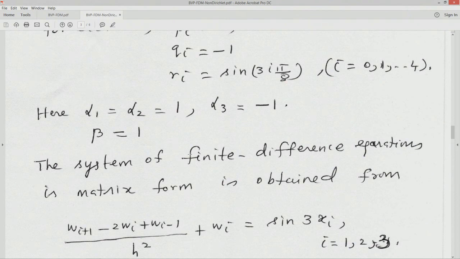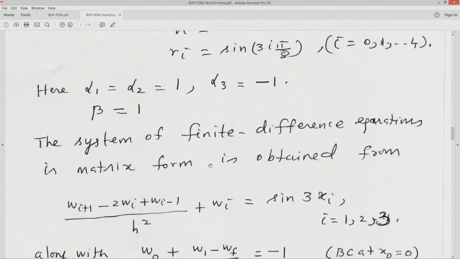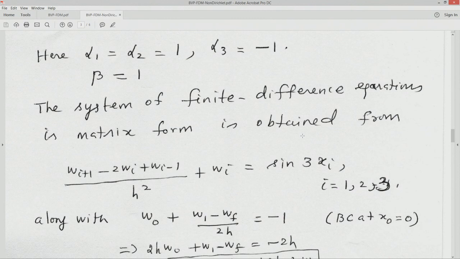So, we obtain now the system of finite difference equations in matrix form. We replace the derivatives in the system by appropriate finite difference methods.